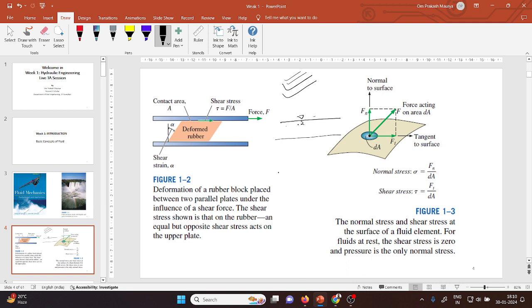Let's say here water is flowing, this is water, and you have applied some force on that, you are applying the force from here.